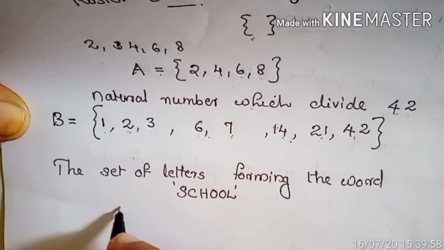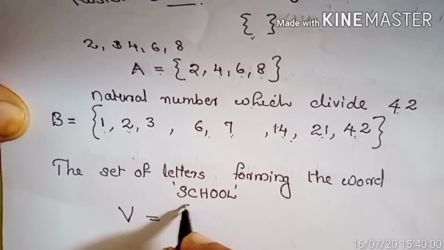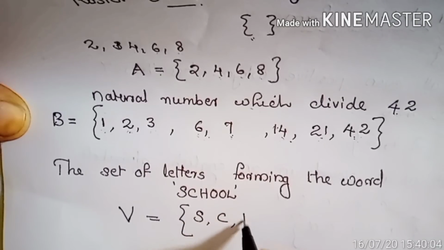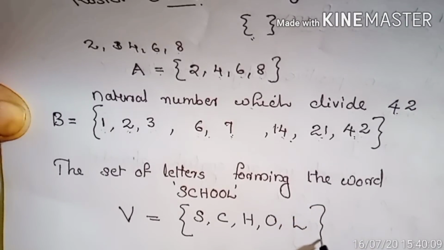But when we represent this in roster form, look at that. We write S, C, H, O, L. We don't write O twice, only one time. V equals {S, C, H, O, L}. This is the roster form representation of the word school.